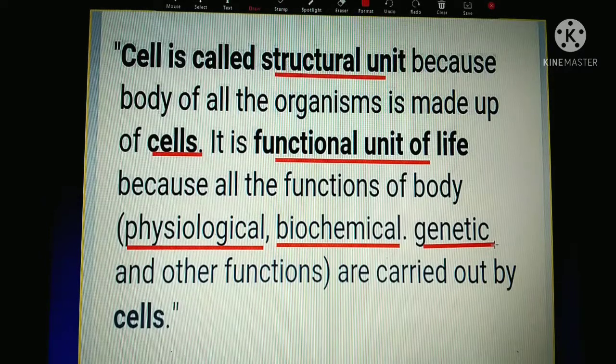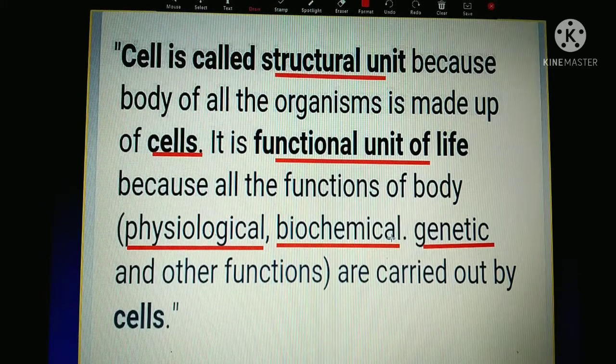Because the cell performs all the functions of our body, it is known as the structural and functional unit of life.